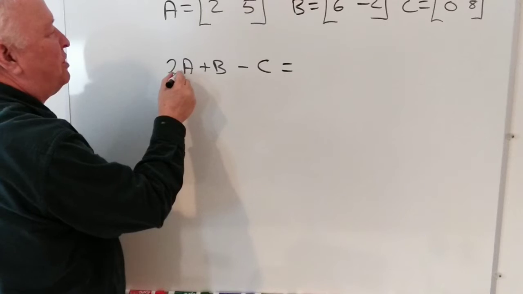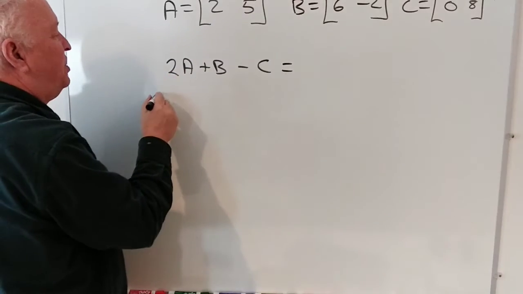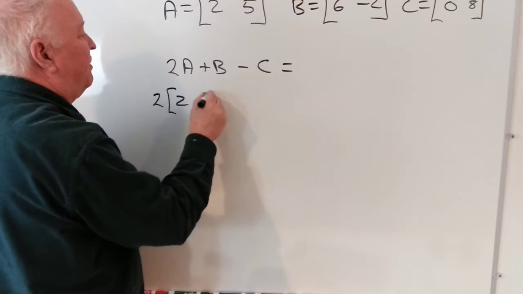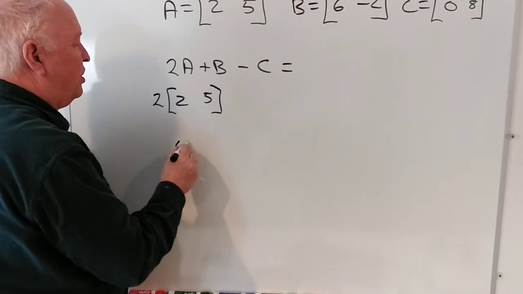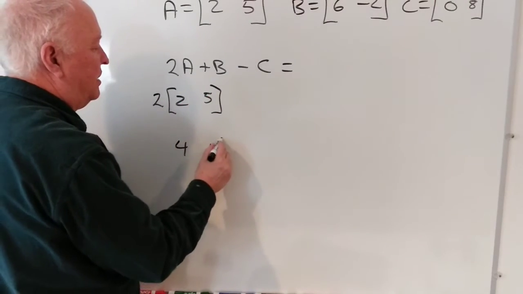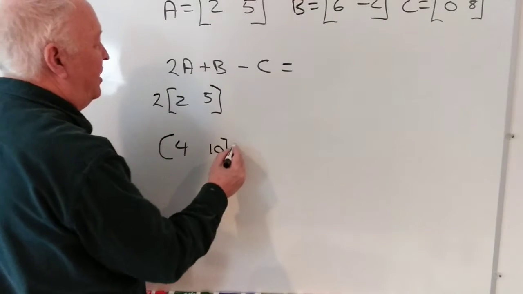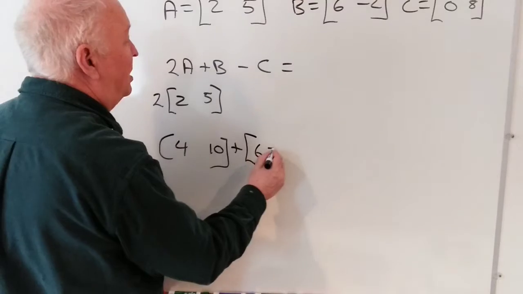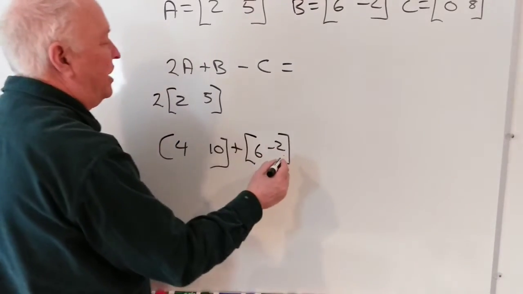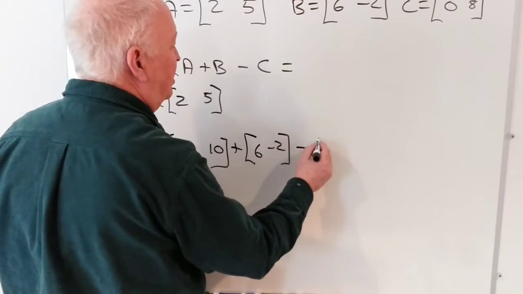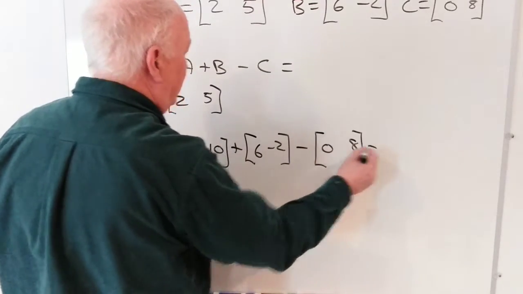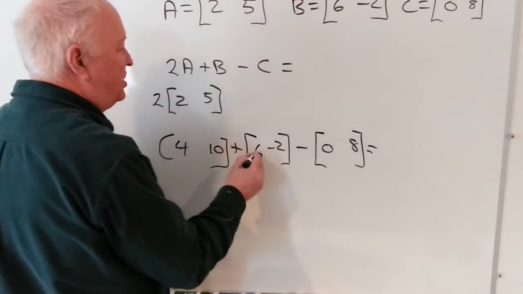Well, first we start with 2A. This would be 2 times 2, 5. That would give us 4, 10. And that's added to B, which is 6, negative 2. And then we're subtracting C, which is 0, 8. So it'd be 4 plus 6 is 10.